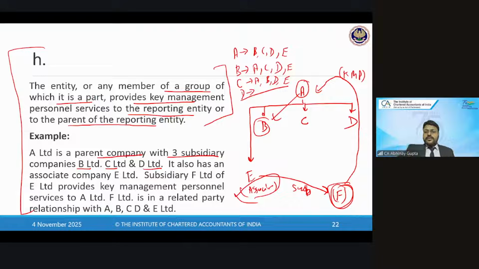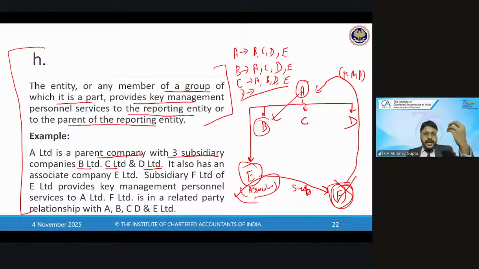If instead of F, suppose F is not there, and E provides the KMP service, then this clause is anyway redundant because E is by default related, being an associate.